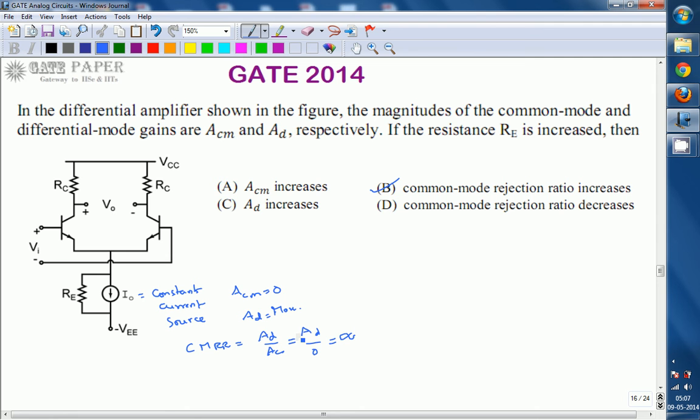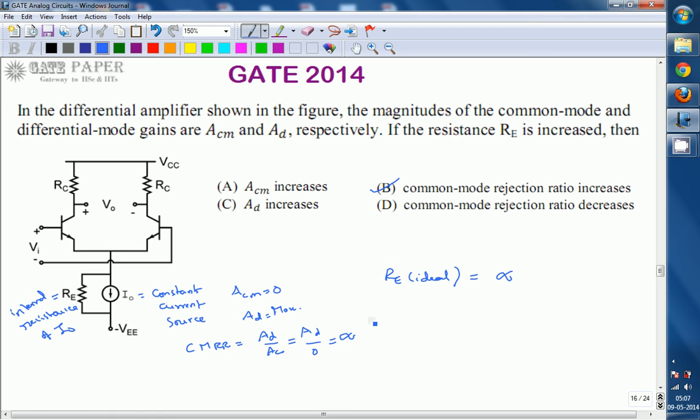And we know that a constant current source will have an internal resistance. Here RE is the internal resistance of the current source. The ideal value of the internal resistance of a current source is infinite.